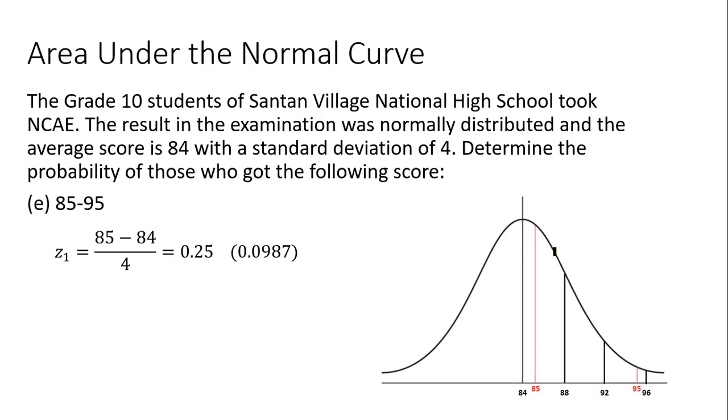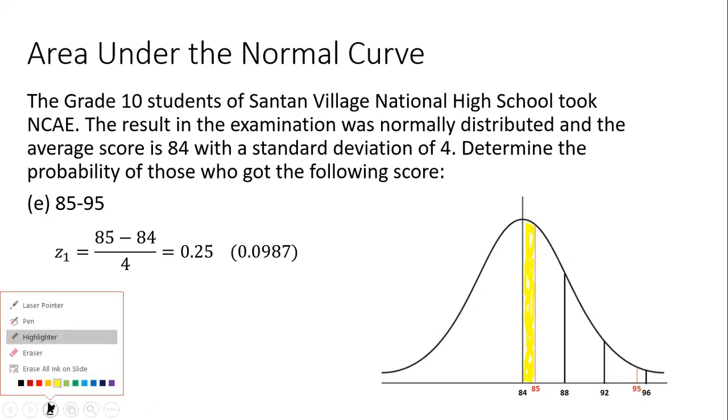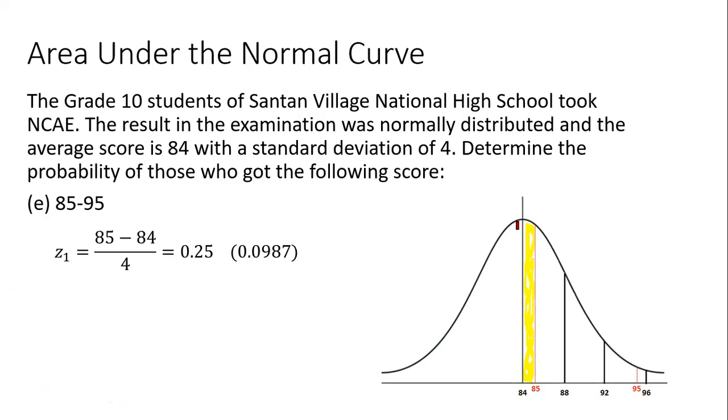So that 0.0987 is from 84 to 85. Ito po yun. 84 to 85. However, we are not concerned with this area. We don't need this area. We are only after the area from 85 to 95. And so, we know that the entire right side is equivalent to 0.5.